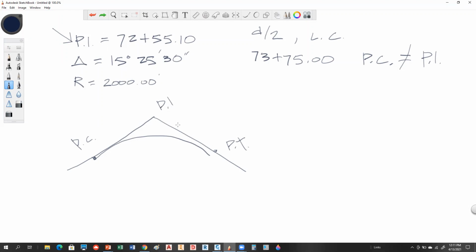Okay. So first off, everybody just assumed that this was this. It's not. So the first thing you had to do was calculate PC. Who can tell me how we do that? What's the distance from the PC to the PI called?